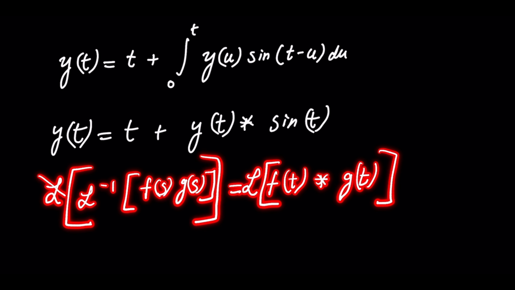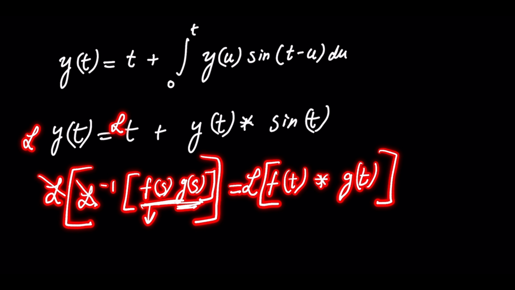This and this are going to cancel out, leaving us with only f of s dot g of s. Instead of writing y of t asterisk sine of t in the above equation, we are going to take the Laplace transform on both sides of the equation. And we'll be writing it as f of s dot g of s.